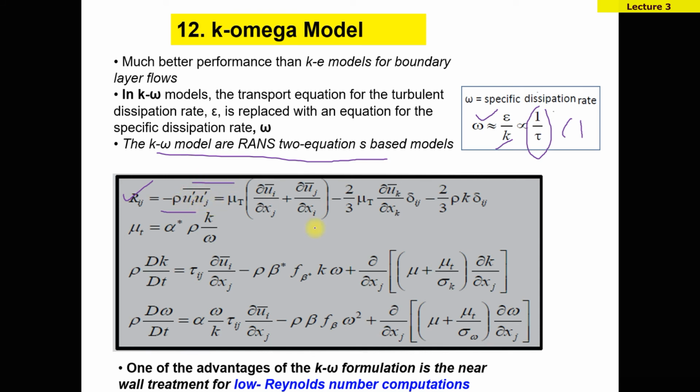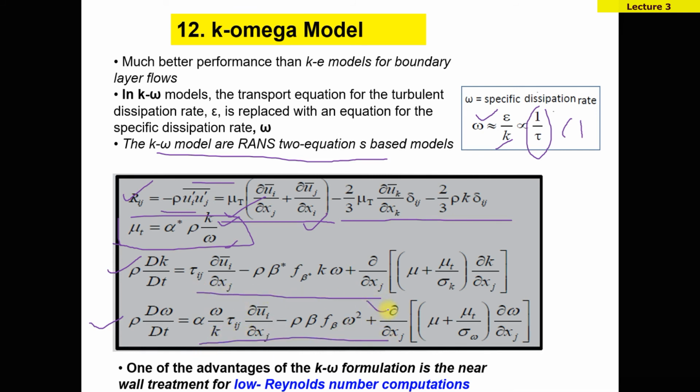This is the stress tensor, this is the viscosity, and this is the anisotropic part. Here the turbulent viscosity is equal to alpha times rho times k upon omega. This is the turbulent viscosity for the k-omega model. Here we are solving equations for k and omega. The equation is quite similar, and the model constants will be different for this model.